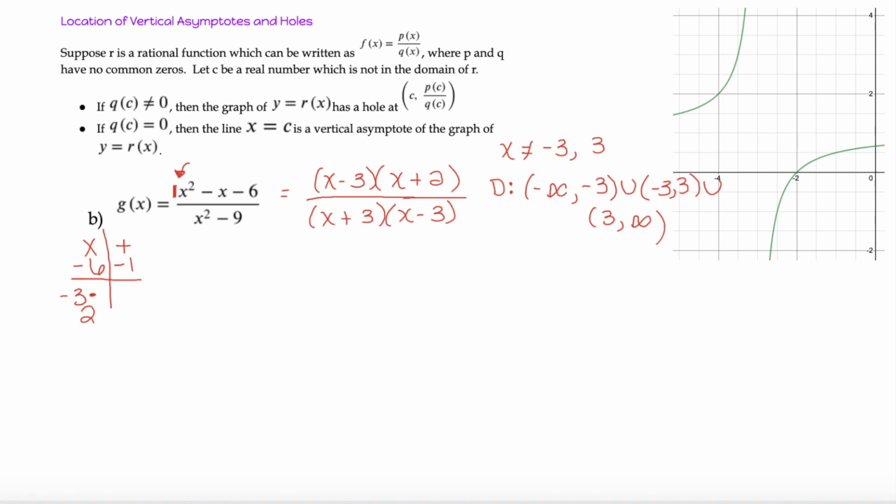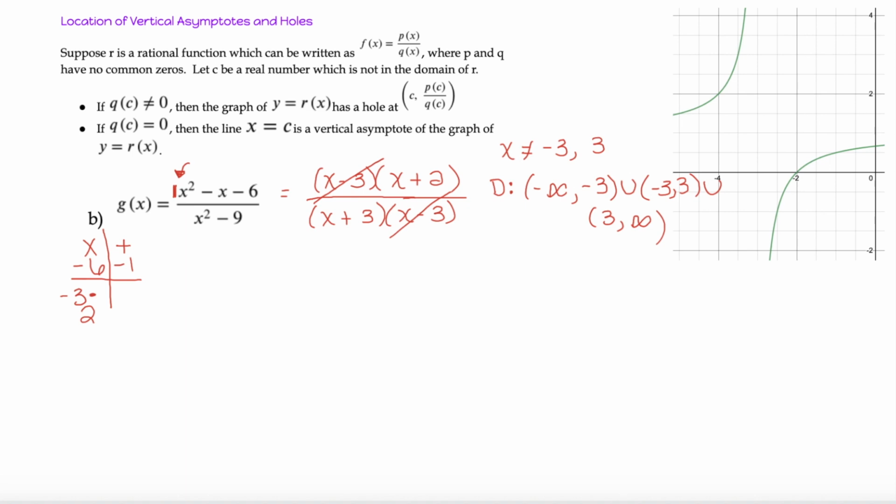But check this out. Now that it's in factored form, we have a common factor in our numerator and in our denominator. Now, because we canceled something out, we have a hole.